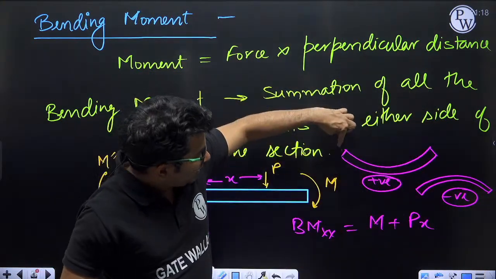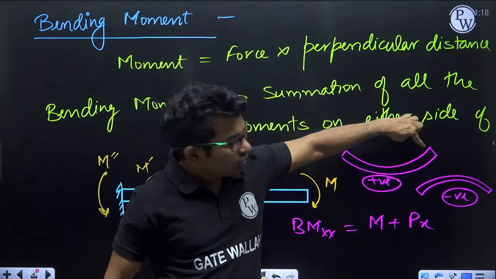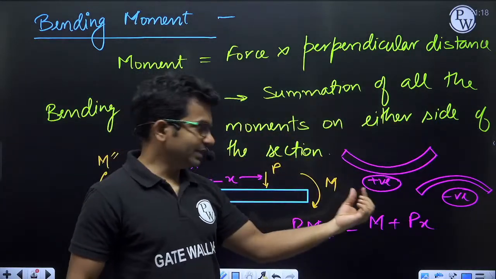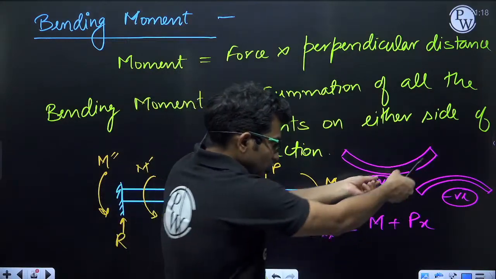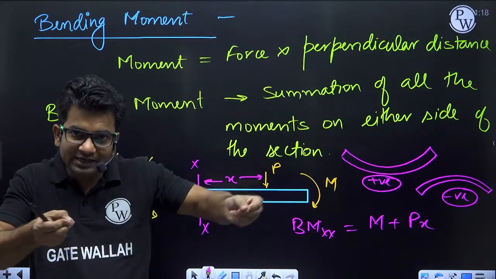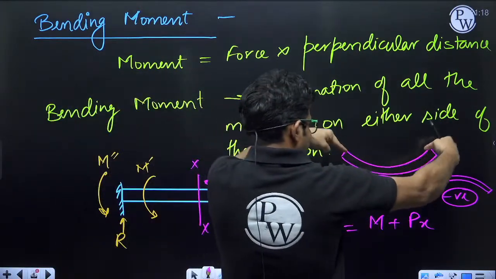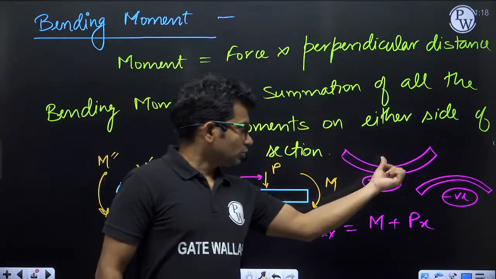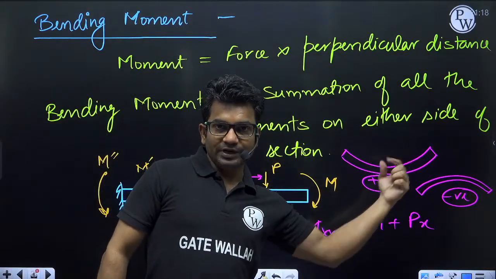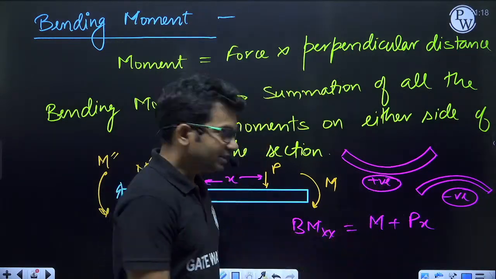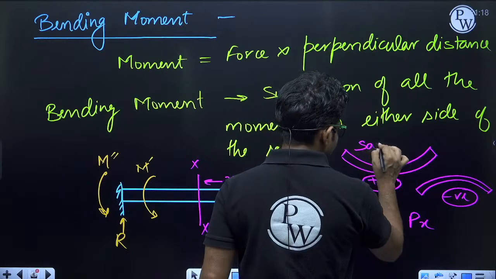So here we are getting compression on the top surface and tension on the bottom surface. The bottommost fibers are slightly getting stretched and the topmost fibers are slightly getting compressed. So if we are getting compression at the top and tension at the bottom, then it is positive, and this is also called sagging bending moment.